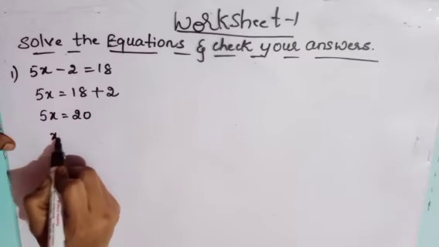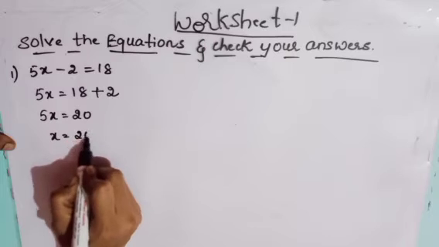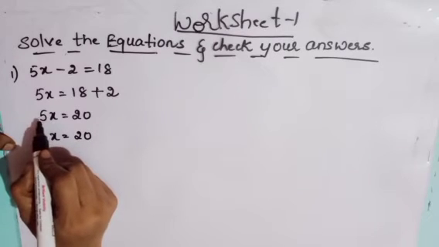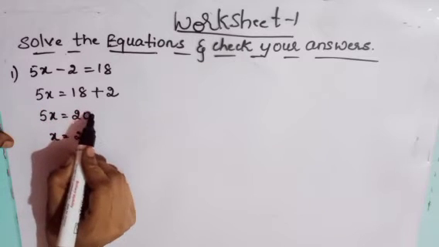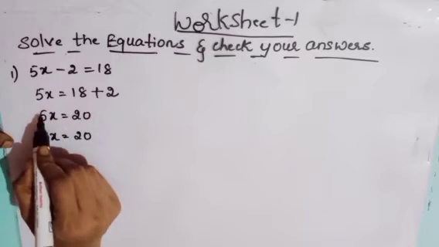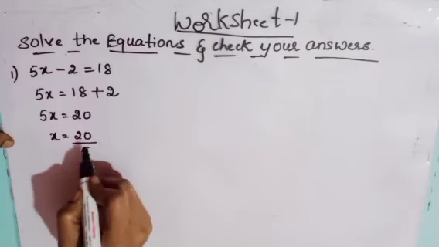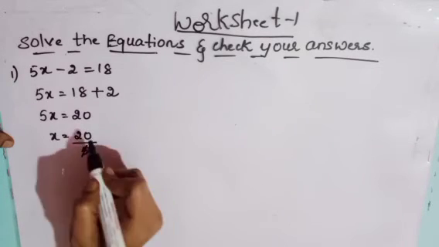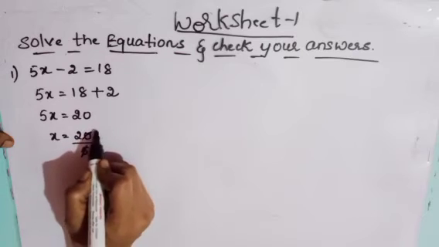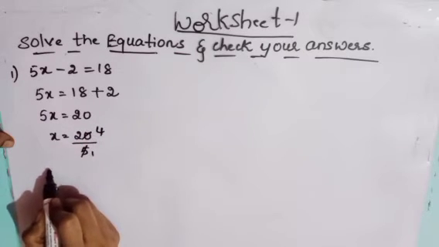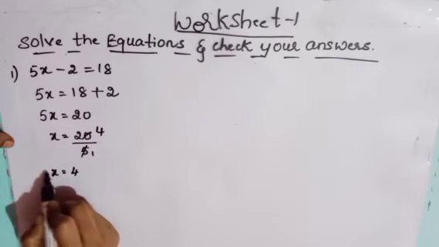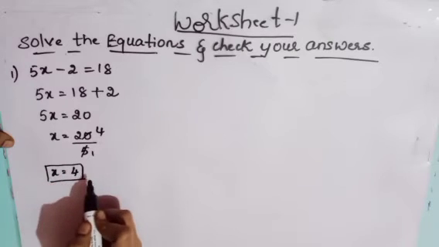Next, x equals 20 by 5, since the coefficient of x is 5, which comes to the denominator when transposed to the right side. Divide by 5: 5 ones are 5, 5 fours are 20. Therefore x equals 4. The value of x equals 4.